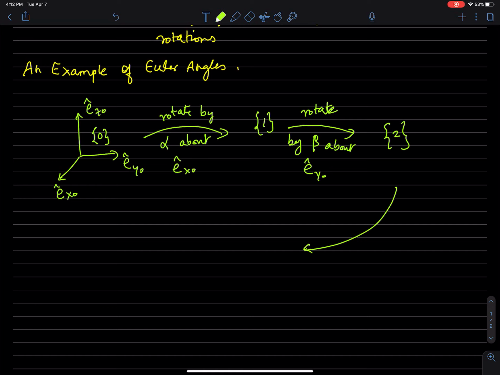And then you rotate that frame to get frame 3, rotating by angle gamma. So this is angle alpha, this is angle beta, angle gamma about ez, sorry, I should have said ey1, not ey0.